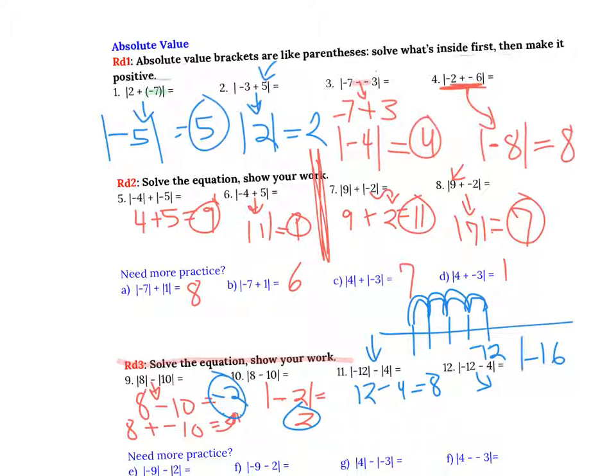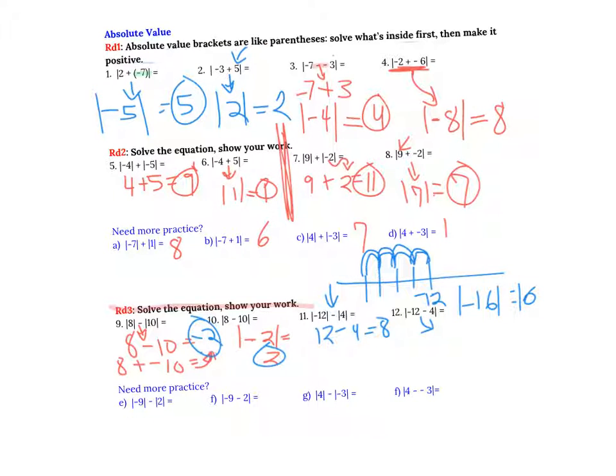So we're really taking the absolute value of negative 16, which is just equal to positive 16. Not the same thing as number 11, though it is tempting to call them the same. And let's wrap this up. If you did need more practice, the answers are 7, 11, 1, and 7.